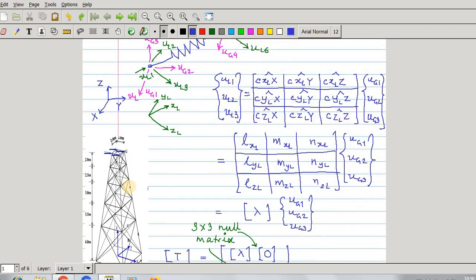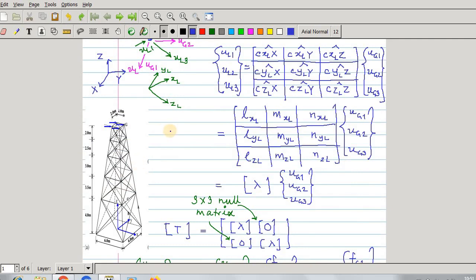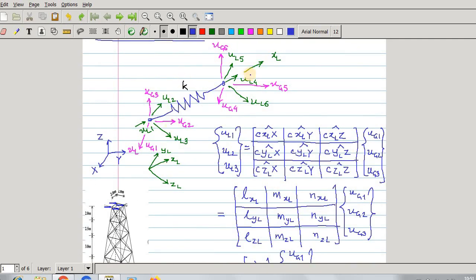Again, for the same reason which we discussed for the 2D truss element, we have to have a global coordinate system which is common for all elements, because the local coordinate system is different for different elements, but the global coordinate system is the same for all elements, and the local stiffness matrix has to be transformed into this global stiffness matrix.